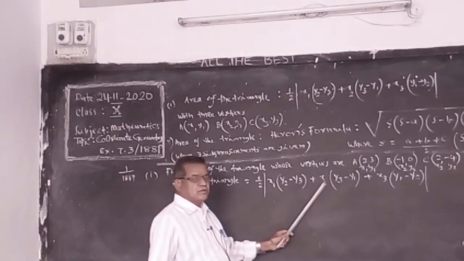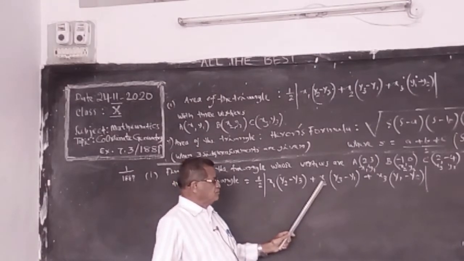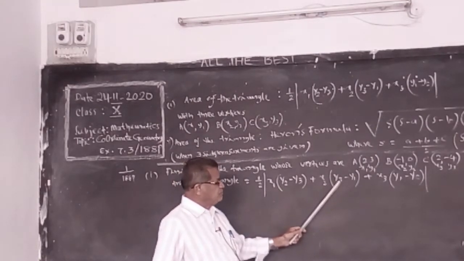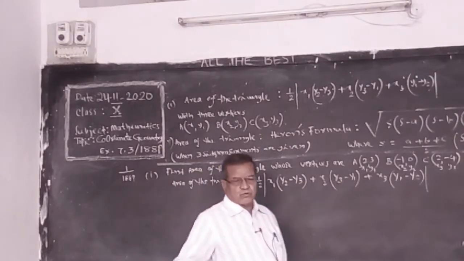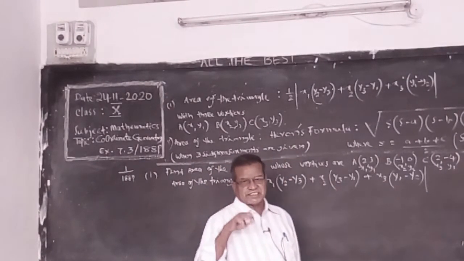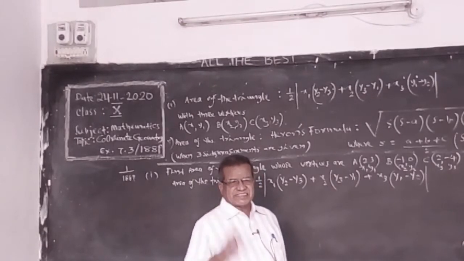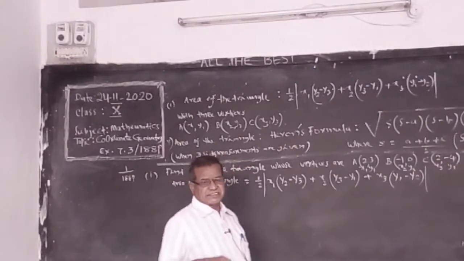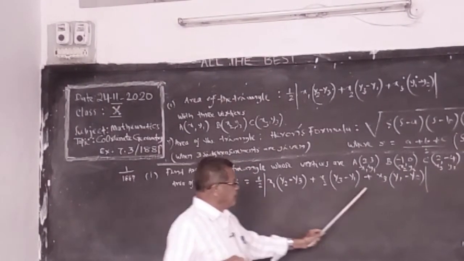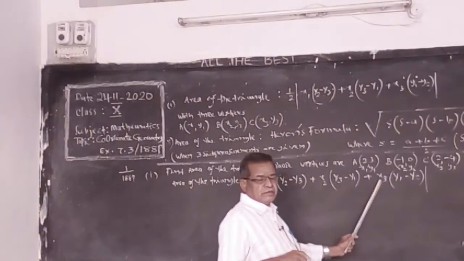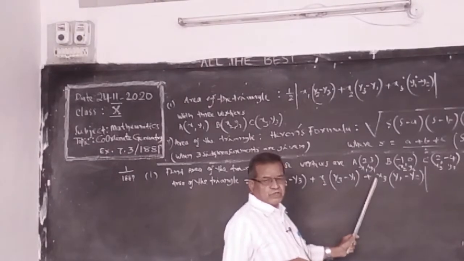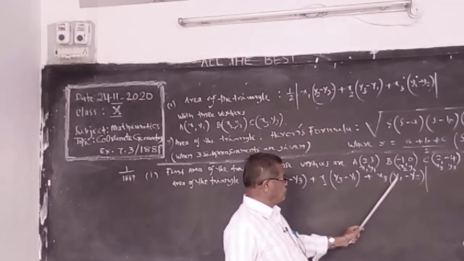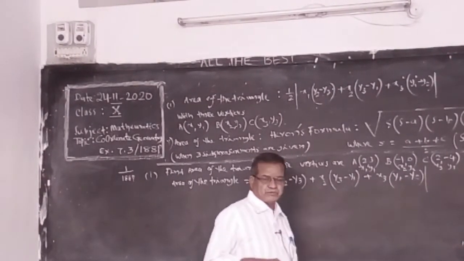There is no y4, only three vertices, because it is a triangle. In front of the third bracket we write x3, then y1 minus y2.